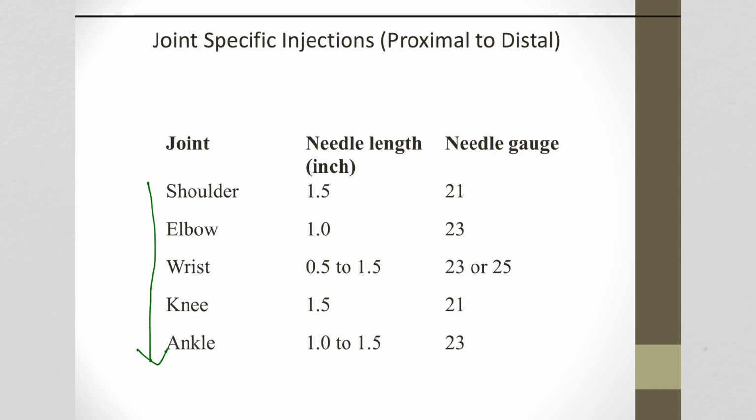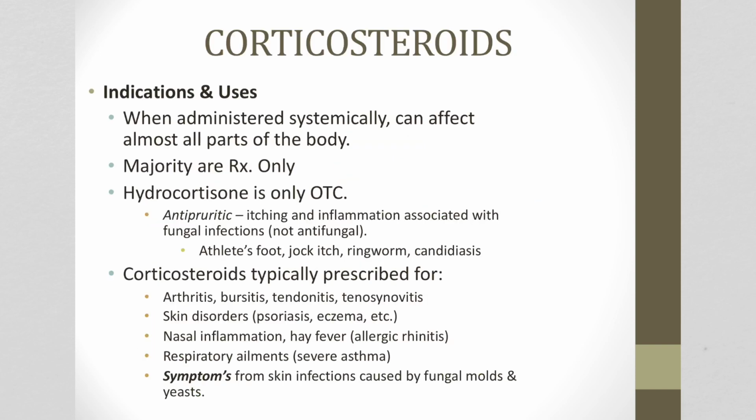Your needle length depends on the joint you are inserting into. The smaller the joint, the shorter the needle. The deeper the joint, the longer the needle. In terms of gauge, it's all about how much skin you're going through, so 21 gauge versus a 23 or 25 gauge. Your physician will expect you to know this as you work with them in the clinical setting.